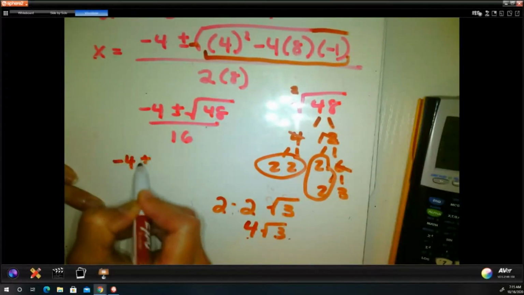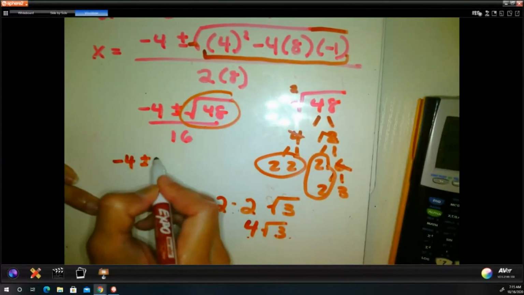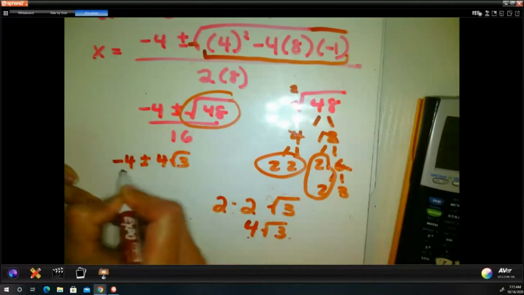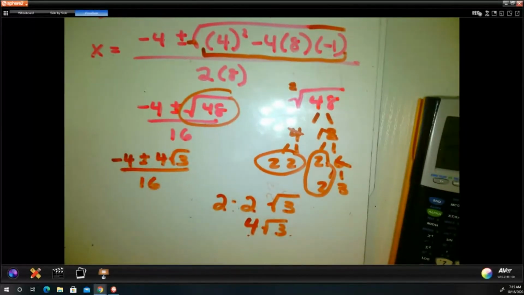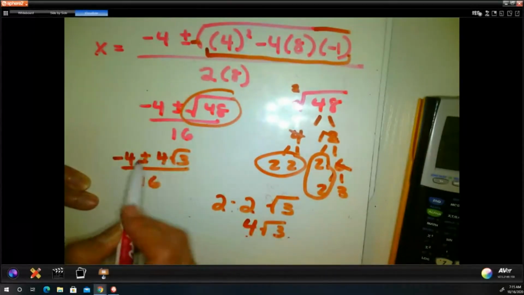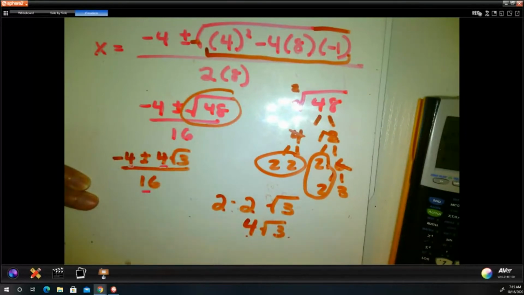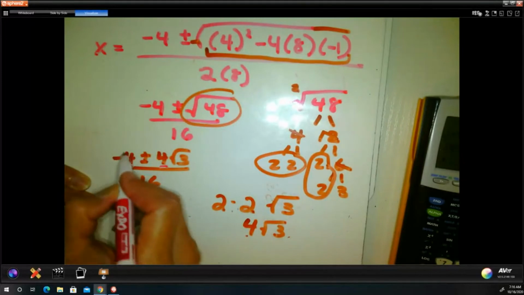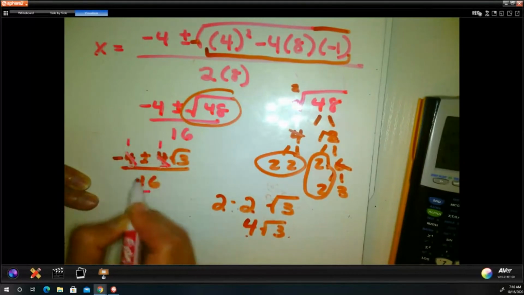I'm going to plug that in instead of the square root of 48 here. And now I'm going to look to simplify. This radical is different. It's almost like a variable, so I don't need to look to simplify that. I just want the outside numbers. So I know that 4 goes into 4, 4, and 16, so I'm just going to divide each of them by 4.